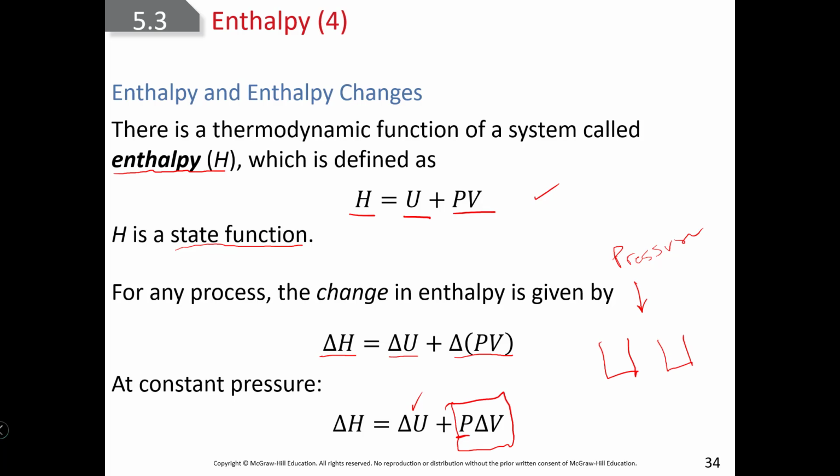And the reason why that's so important is because if this represents the atmospheric pressure, and all of a sudden the atmospheric pressure takes over and causes the volume to get less in the container, then we know there's been some pressure-volume work done by the surroundings on the system. So that's why this is so important.